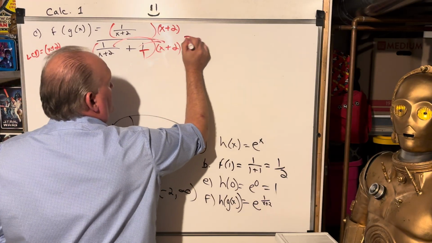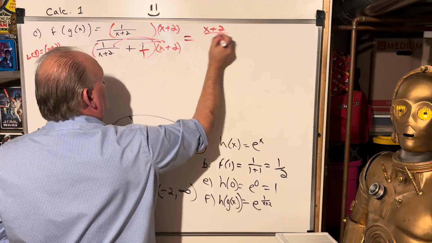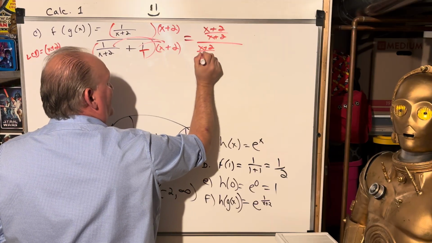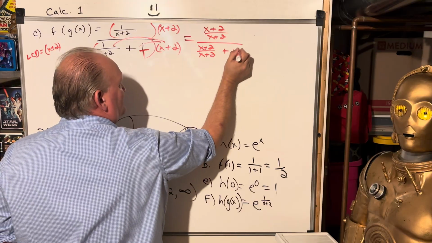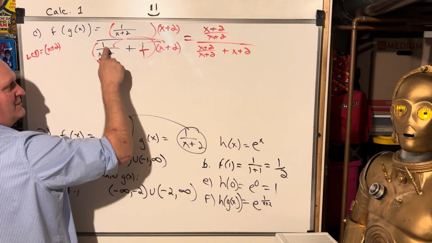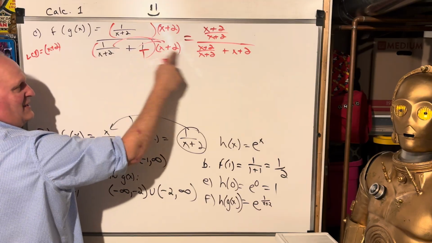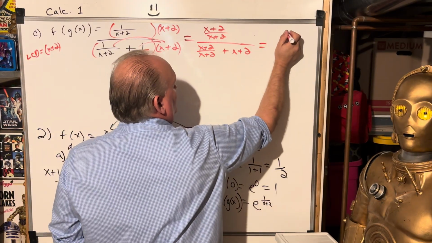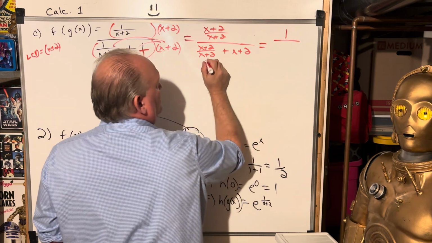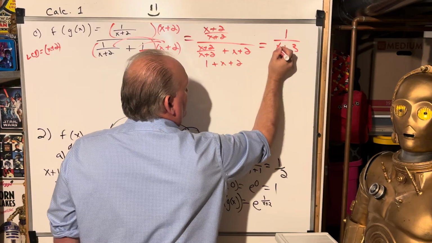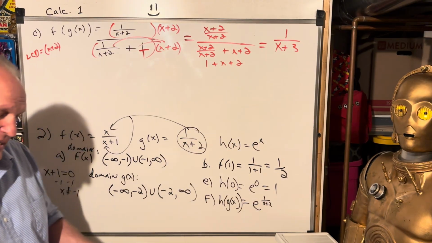It's going to look like this: x plus 2 over x plus 2 over x plus 2 over x plus 2 plus x plus 2. I multiplied it by that and multiplied it by that, there and there. That's just a 1, that's just a 1. So we end up with 1 over 1 plus x plus 2, which is x plus 3. So it's simplified down pretty nicely.